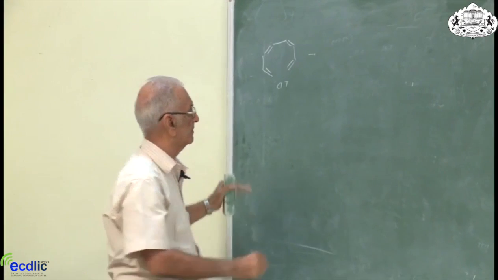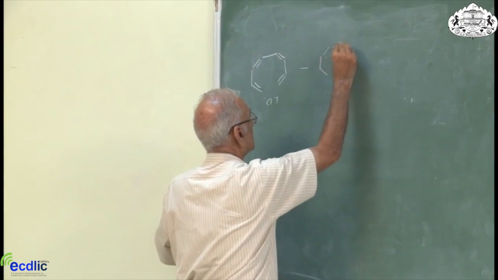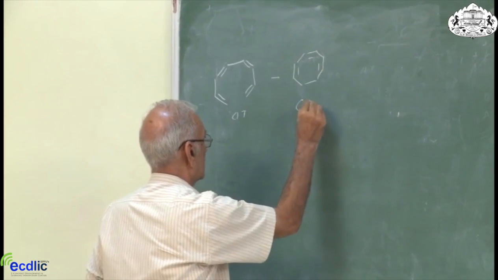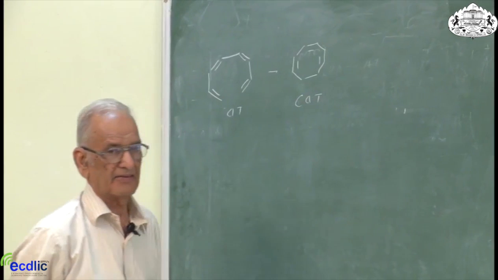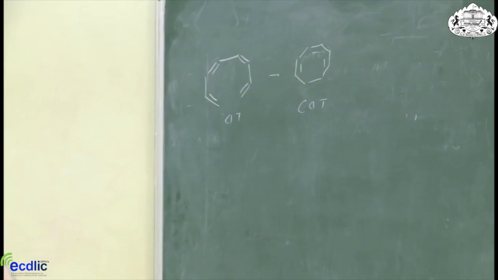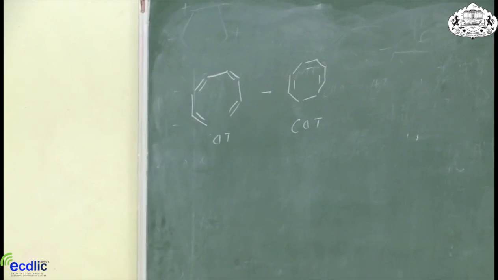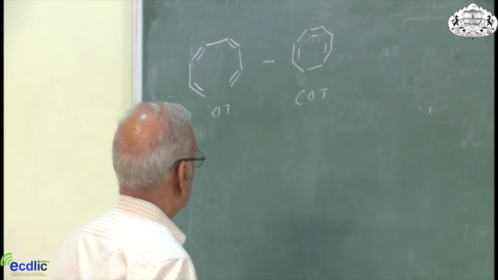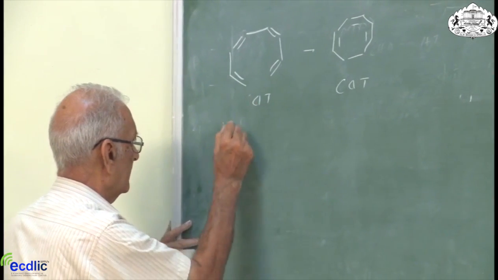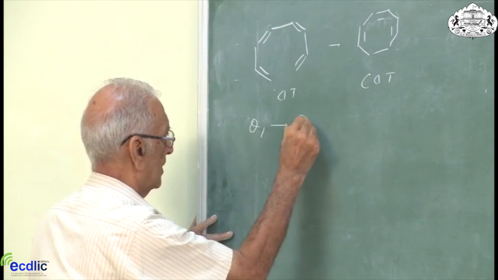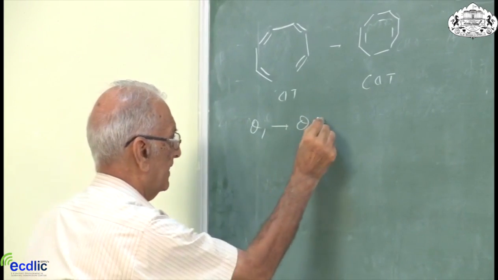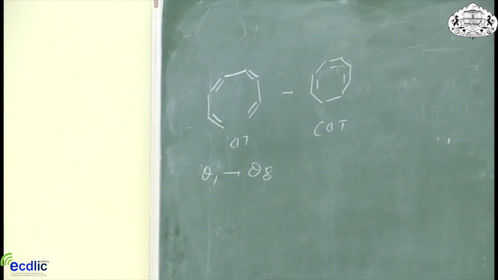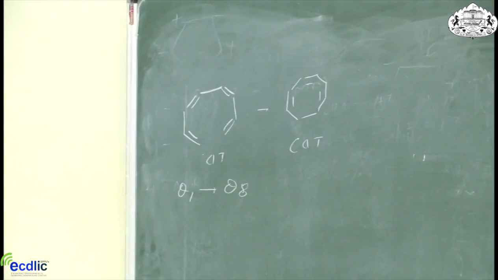Octatetraene going to cyclooctatriene. Okay. So, what will be the orbitals here? Theta 1 to theta 8. 8 orbitals will be theta 1 to theta 8.